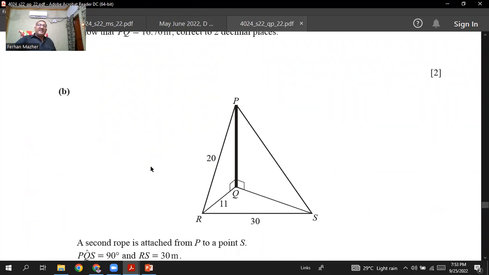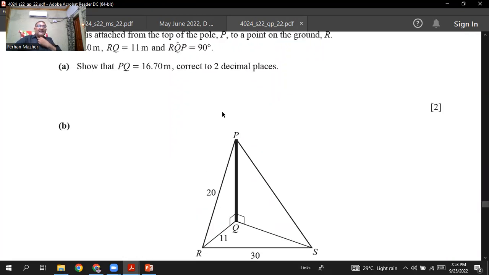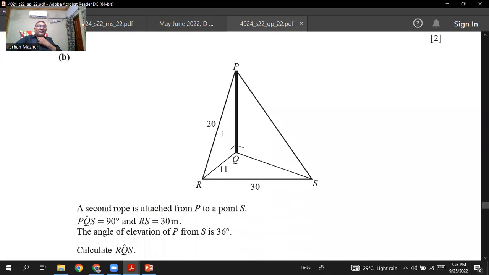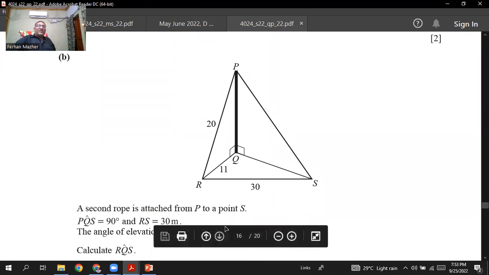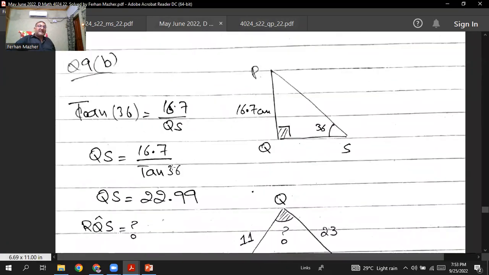This is a 3D diagram. So first of all, I know the height of the PQ, that is 16.70. So I know the angle of elevation from S of the P. I know this angle. So I will find out the QS. That's the first target.